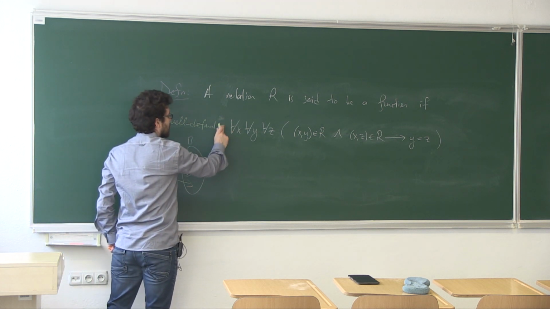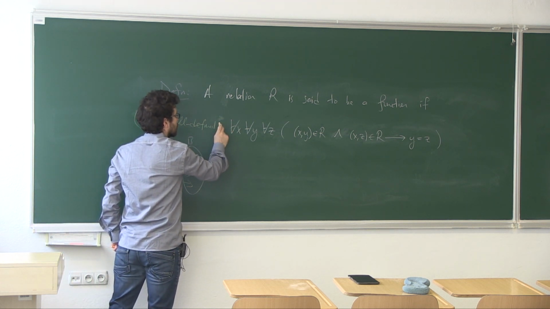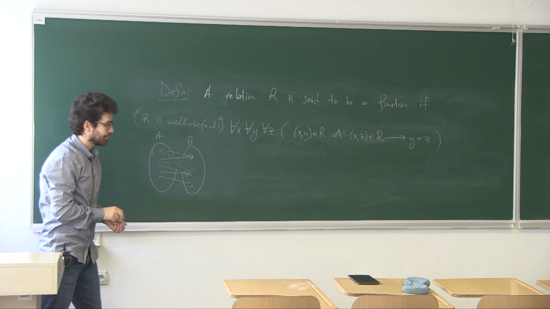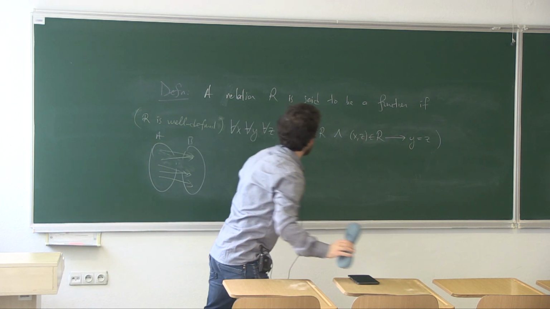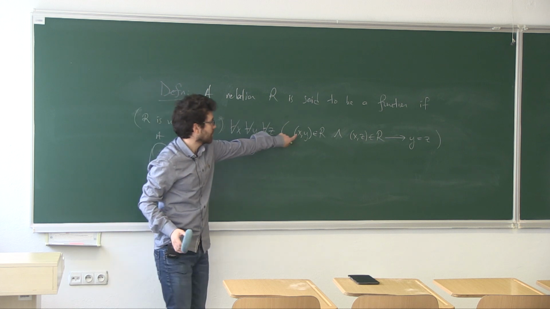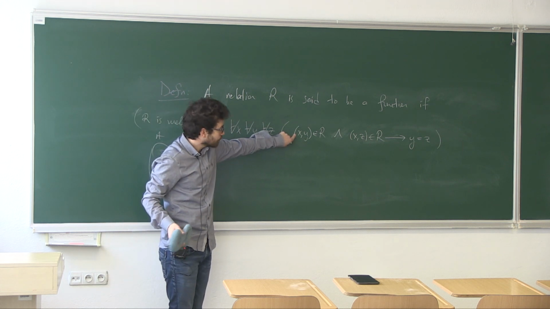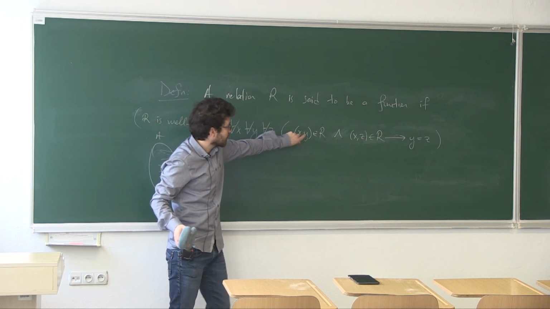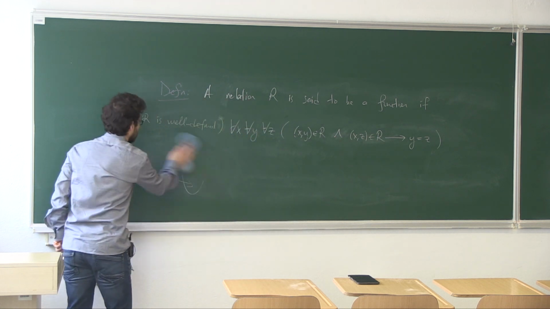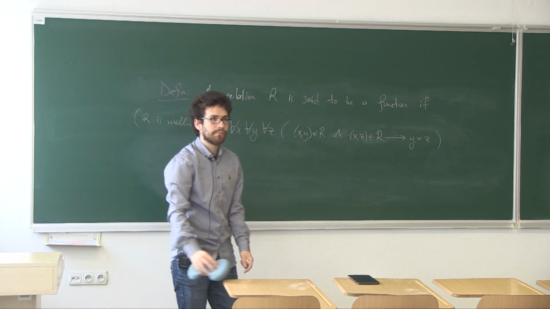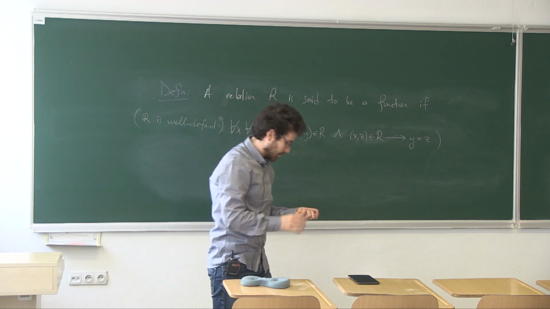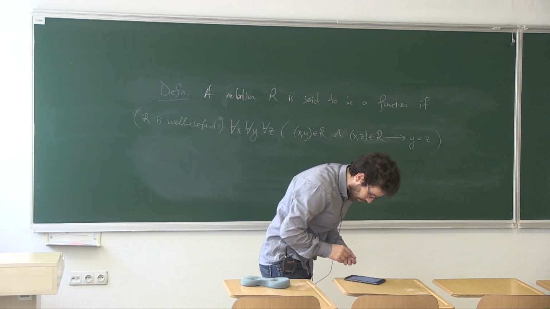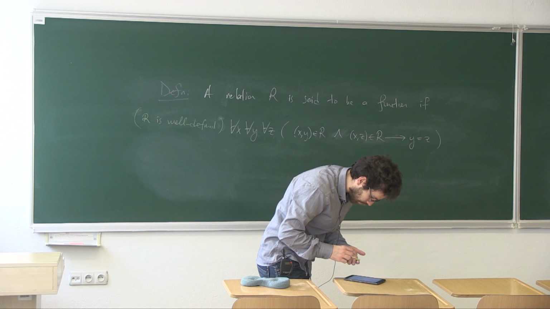Let's put this in parentheses. So, a relation being well defined simply means the following. It does not relate an object to multiple objects. Okay? So, this is simply the difference.